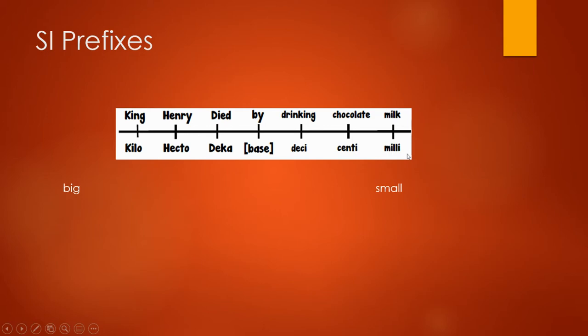And it's really important that you recognize that regardless of whether we put these prefixes in front of grams or liters or meters or seconds, a kilo in front of them is a large amount, and a milli in front of them is a small amount.